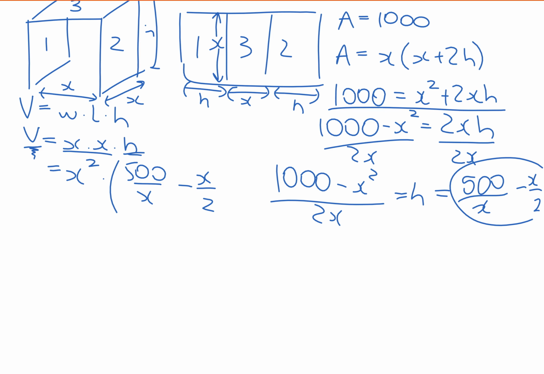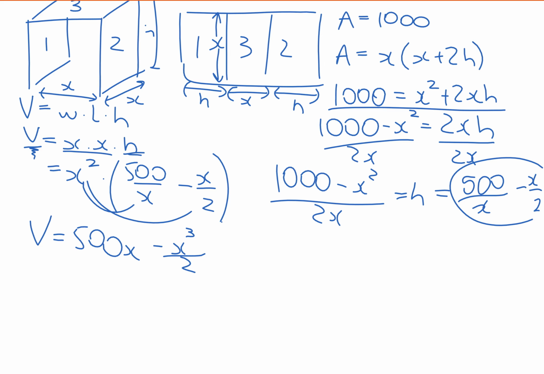Everyone happy with that? Now I can expand this bracket. I'll expand underneath because I don't have enough room up top. 500 times x squared divided by x, that's just 500 times x. X squared times that is just... So there is my volume function. There is what I have to maximize.